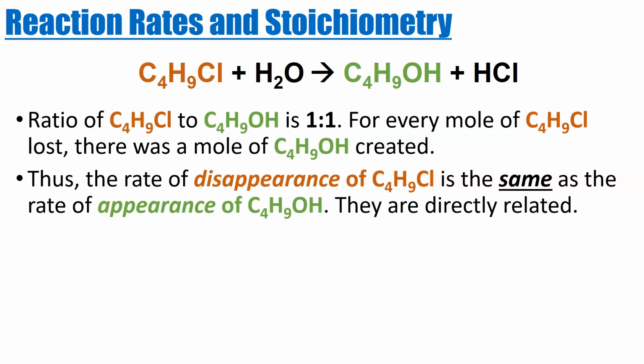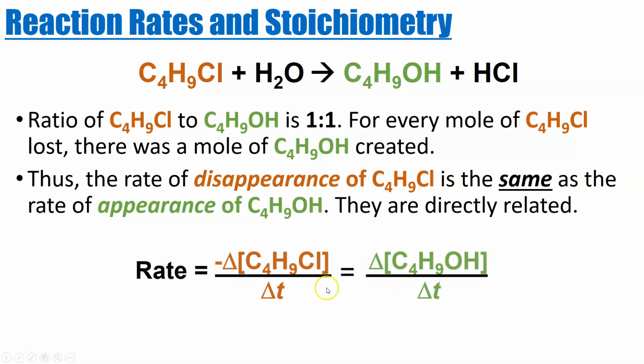If you remember when we did calorimetry problems, when we had Q equals negative Q, and the negative sign was making sure that we ended up with double negatives so everything equaled correctly, we're going to have the same thing here, okay? The rate of the reaction is going to be the change in concentration over time, but this one has a negative in front because it was the reactant. This is the product. This will be a positive number.